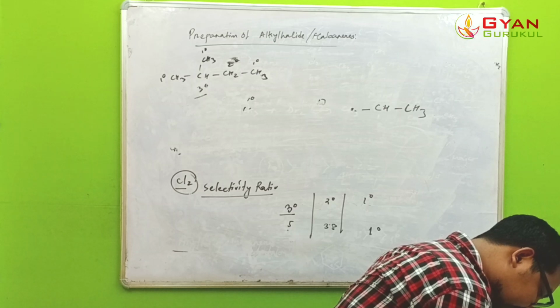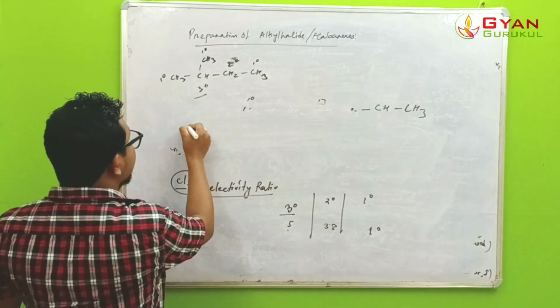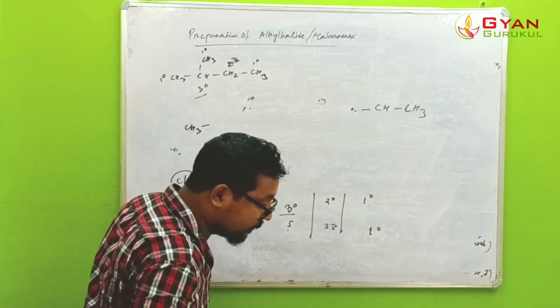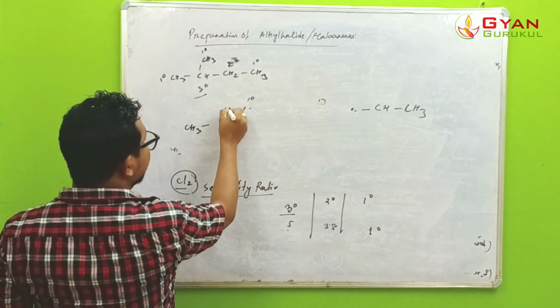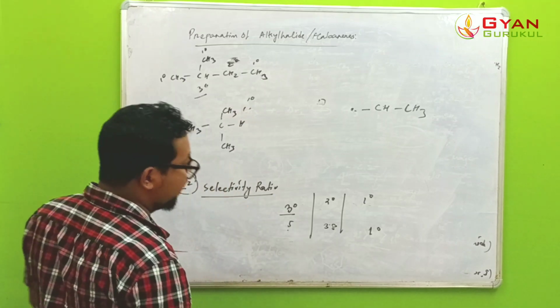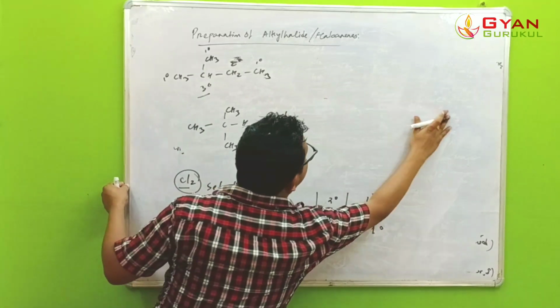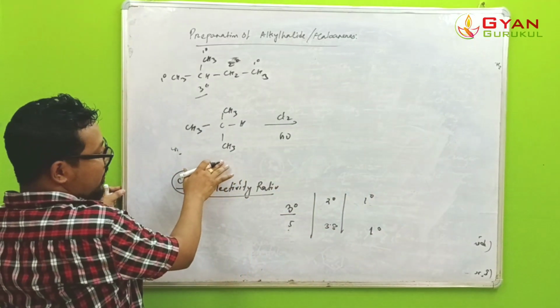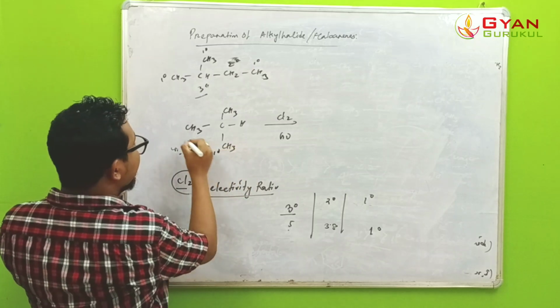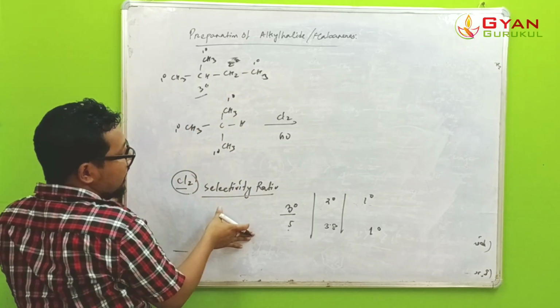Now see the reaction of chlorine. Here is CH3, a carbon with one hydrogen, and CH3. How many carbons are there? Four, and it reacts with Cl2 in presence of hν. Here this is primary and this is primary. How many primary hydrogens are there?